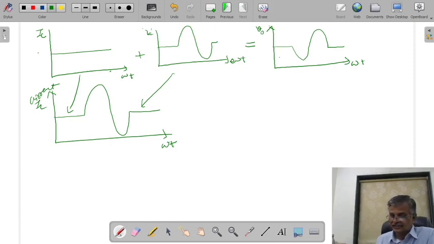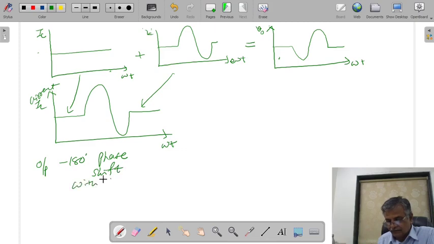This output has a 180 degree phase shift with respect to the input.